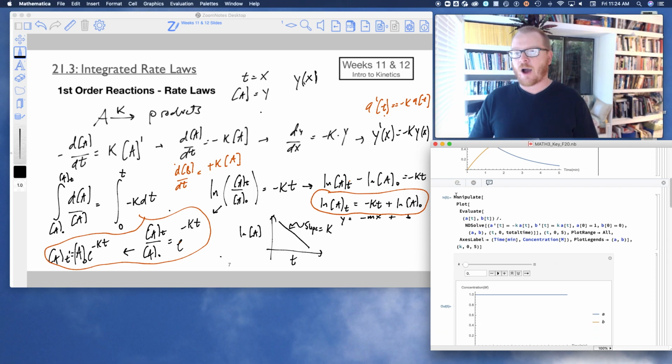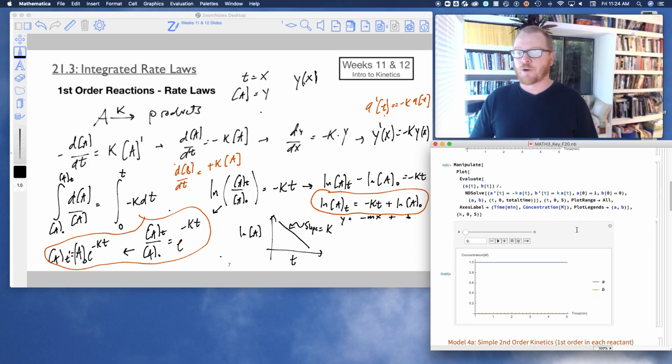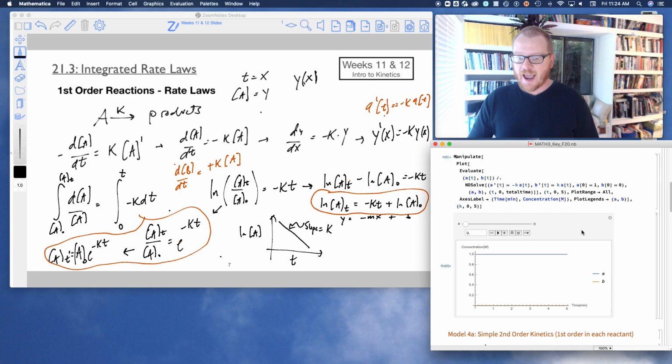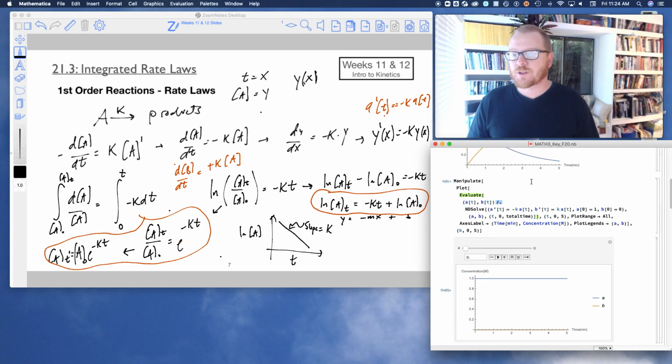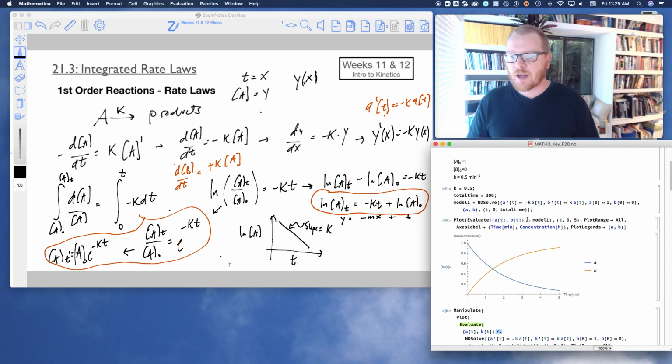But what I did here now was created a Manipulate model for this first order reaction. And if you follow my hierarchy here, it's Manipulate, Plot, Evaluate, right? These solutions. But now what I did was, instead of putting in Model 1, so see, notice here, I do replace and then replace with Model 1.